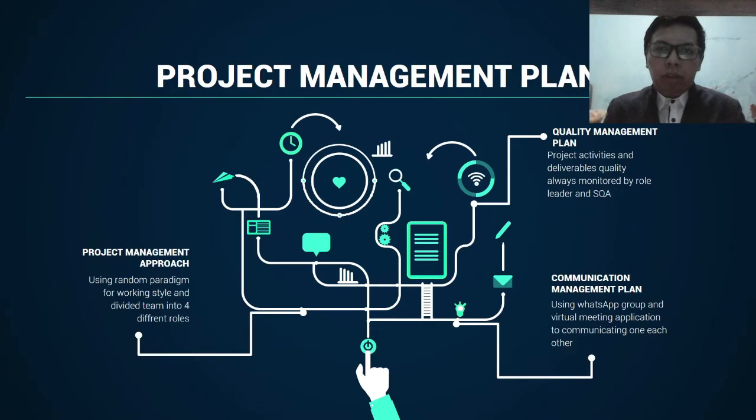Next is the project management plan. The project management plan will describe how our project team manages our approach, our quality, and our communication. First, in project management approach, we are using a random paradigm for working style and divided the team into 4 different roles. Why are we using a random paradigm for working style? It is because in the first week, our project team was already divided into 4 roles, and our members were already in those roles.